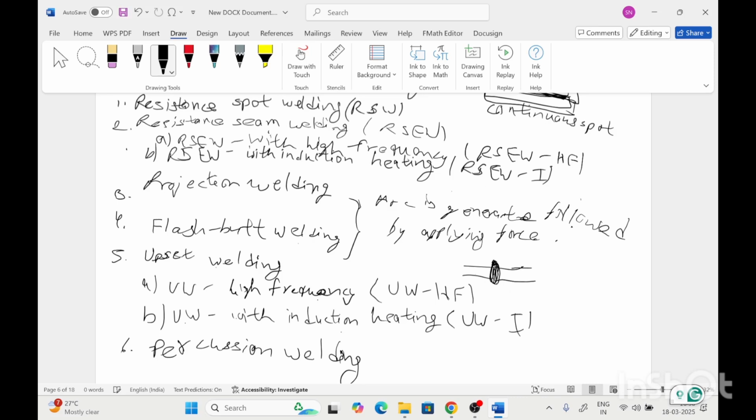The welding joint formed looks like this, coming outside the cross-sectional area of the cylindrical rods. That's why it is called upset welding. Means the shape of this is upset.